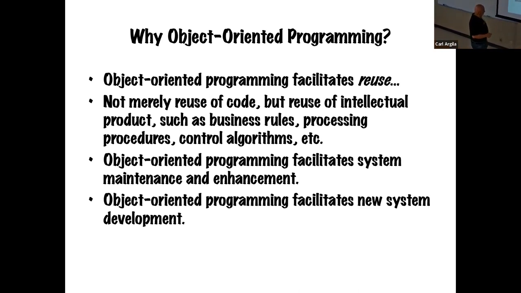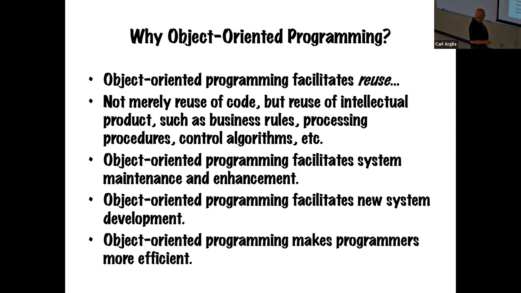And I've already talked about this, object-oriented programming facilitates new system development. But ultimately, object-oriented programming makes programmers more efficient. Programmers write code once, it turns into an object. That object is in a library. That programmer's intellectual product is reused over and over and over and over again.